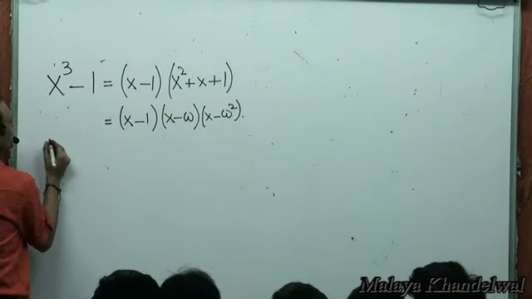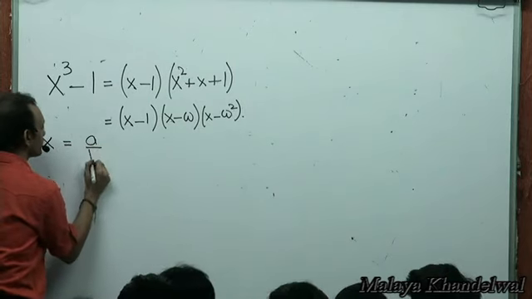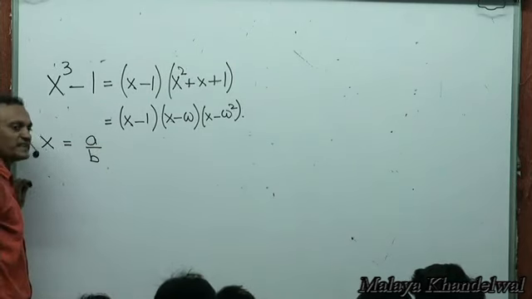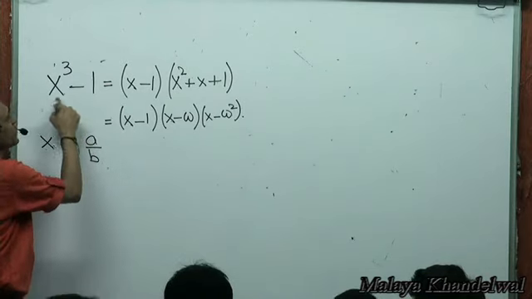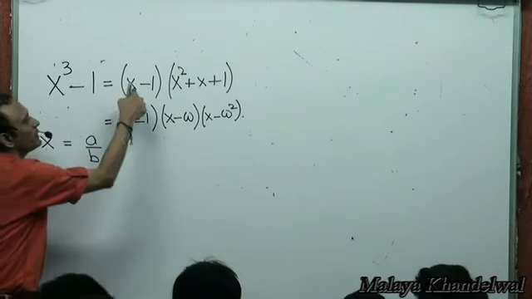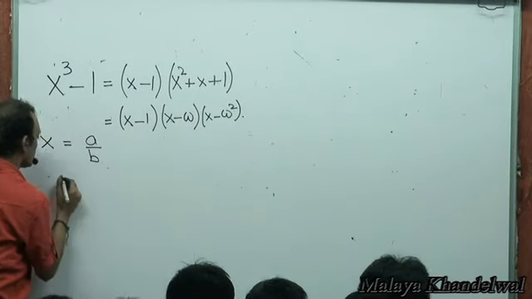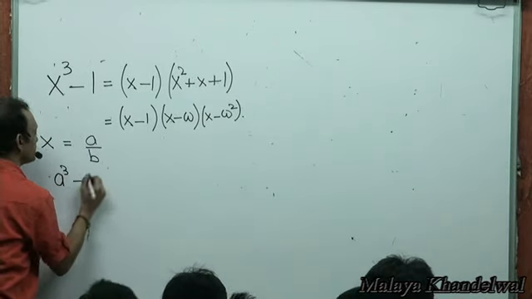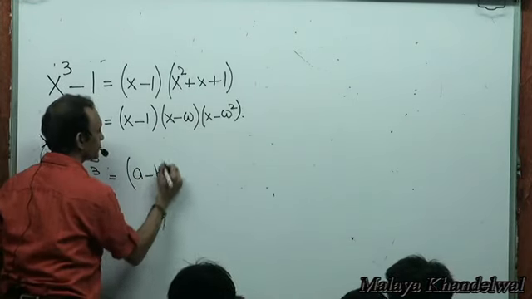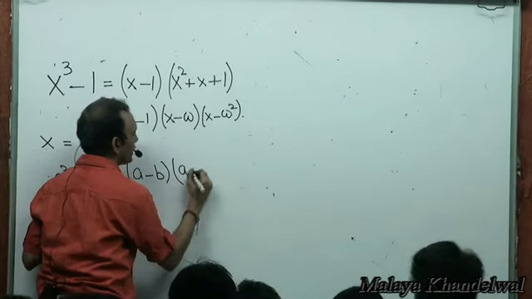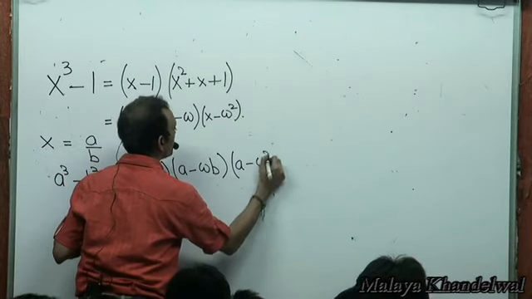If in this expression, I replace x by a by b, then a cube by b cube minus 1, which is like a cube minus b cube by b cubed, etc. And this would be a by b minus 1, etc. Then what you would end up getting is a cubed minus b cubed as a minus b, a minus omega b into a minus omega squared b is what you'll get.